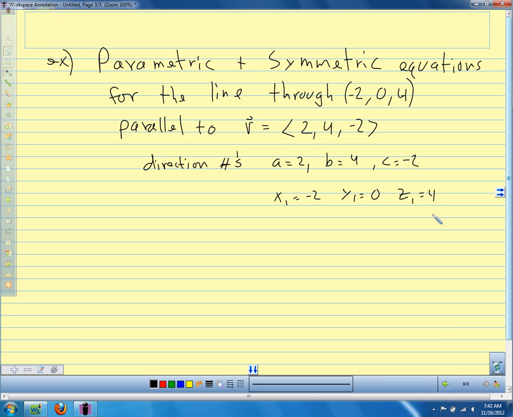So we're just going to plug these into our form for our equation. So our parametric equations: x equals minus 2 plus 2t, y equals 0 plus 4t, and z equals 4 minus 2t.